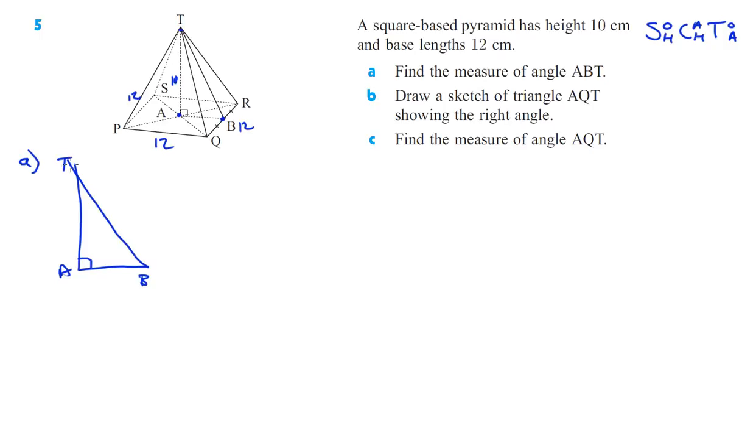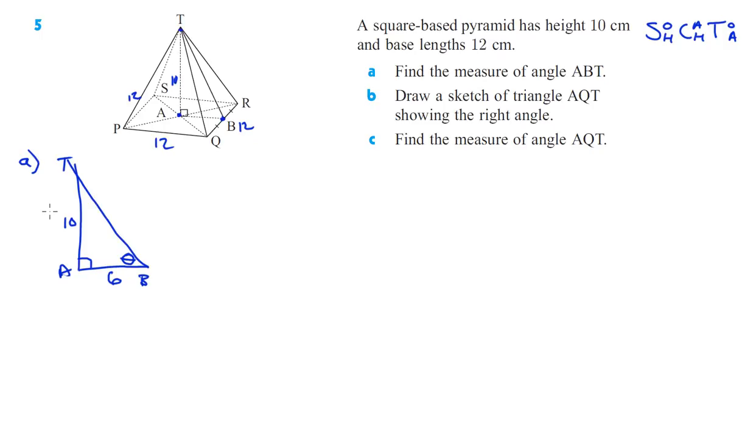We know that T to A is 10, and then this here from A to B, A is right in the middle of this square base here, so if this whole thing is 12, then half of that's going to be 6. So from A to B is 6, just like A to this other side would be the other 6 to make up the full 12. Okay? So we're trying to find the measure of angle ABT. So this is our angle that we're looking for.